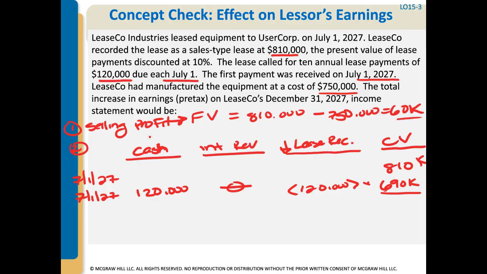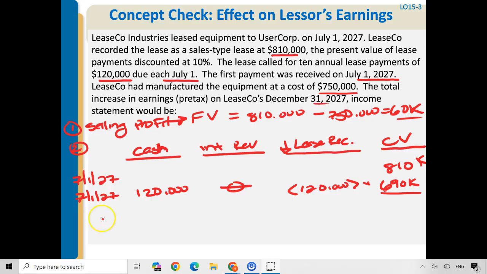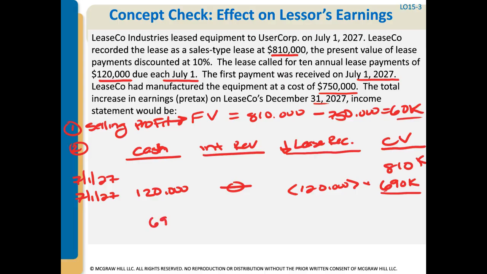That's my carrying value on 7/1/27 after the first lease payment. Now we have to calculate the income statement effect on December 31. The way I'm going to calculate the interest revenue I've accrued is to take my beginning carrying value of $690,000, because that's my balance, times my annual interest rate.